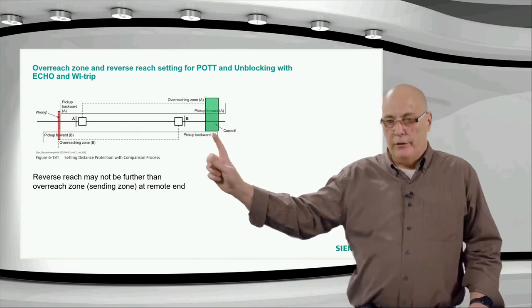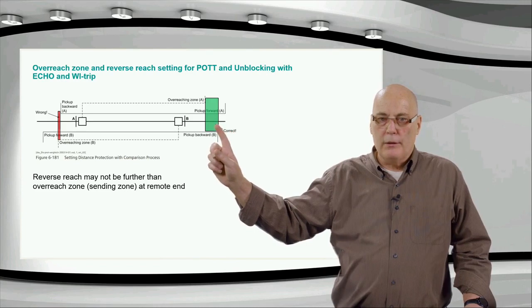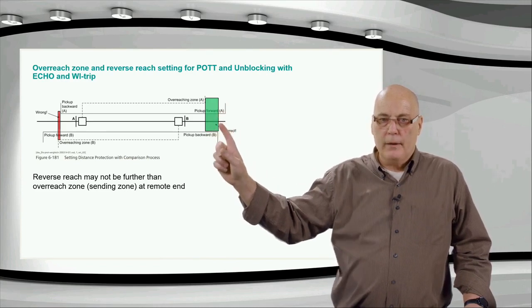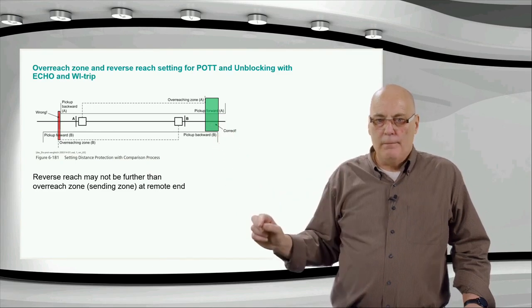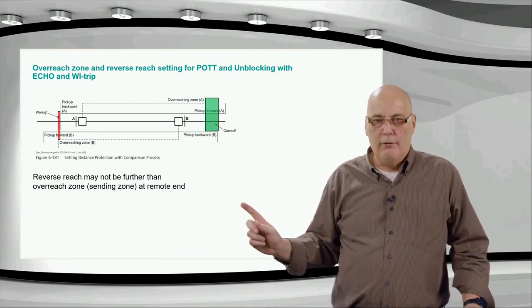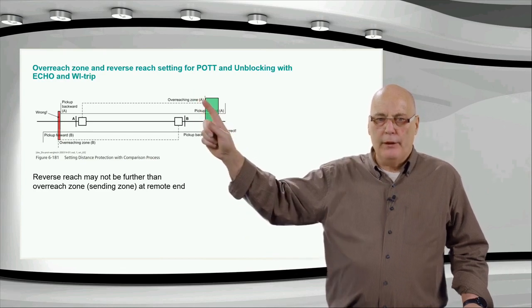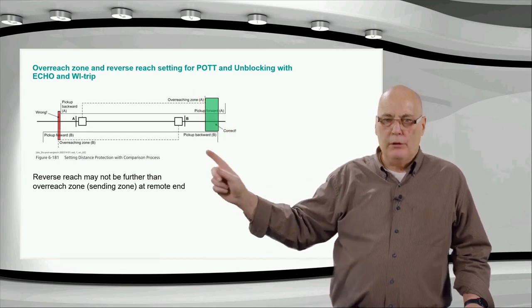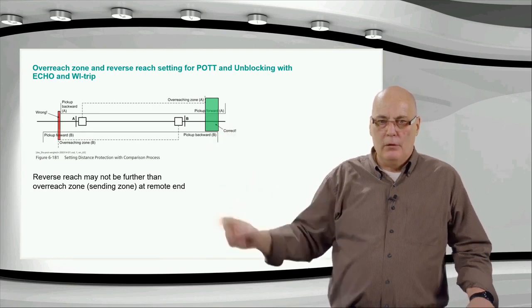You can see this green area is correct, because the local relay here has a reverse reach that goes up to this point here. That reverse reach is larger than the remote side forward reach. The remote side forward reach only goes up to here, and the reverse reach for this side goes up to here. So you have a good coordination.